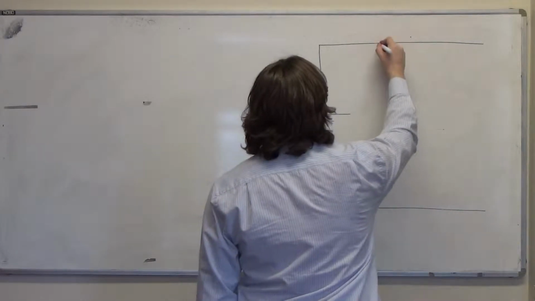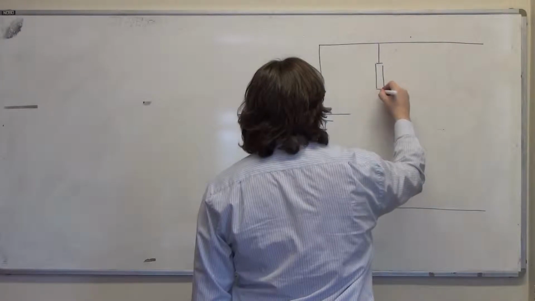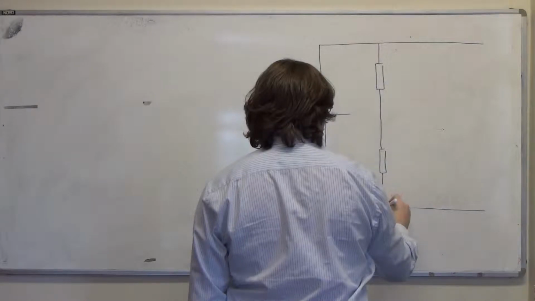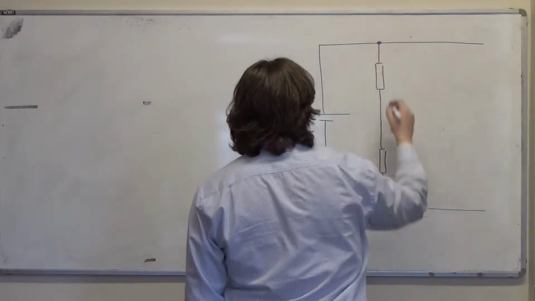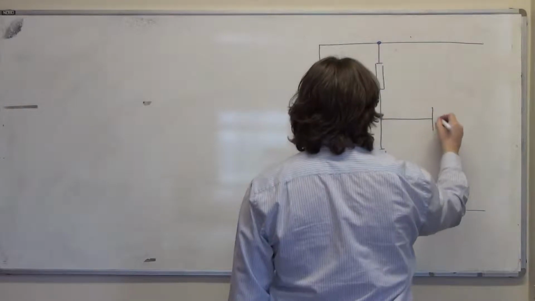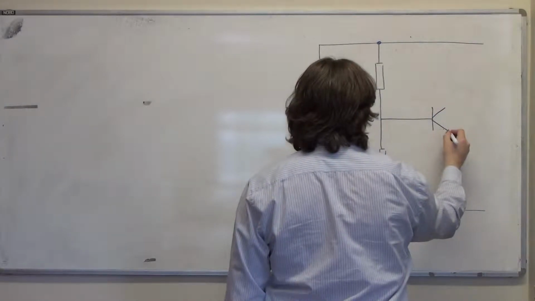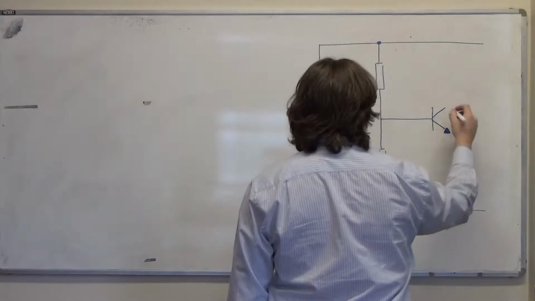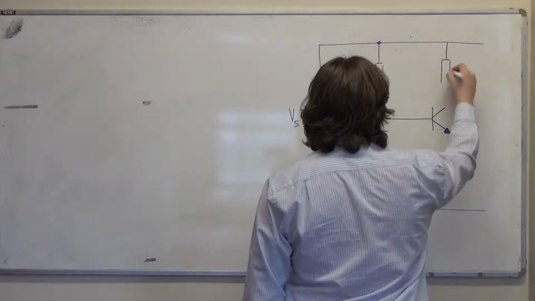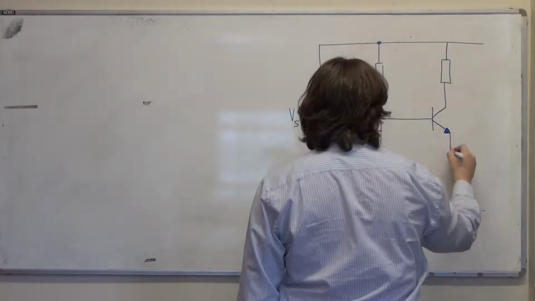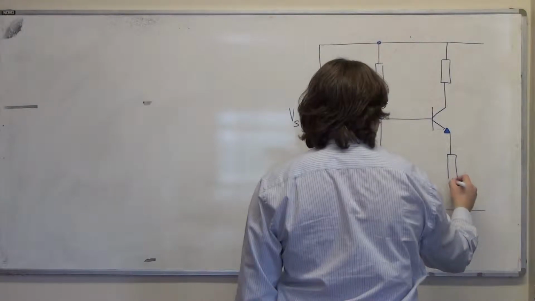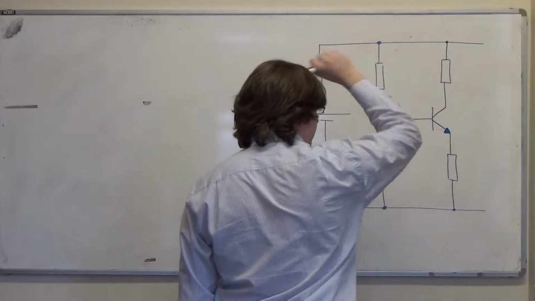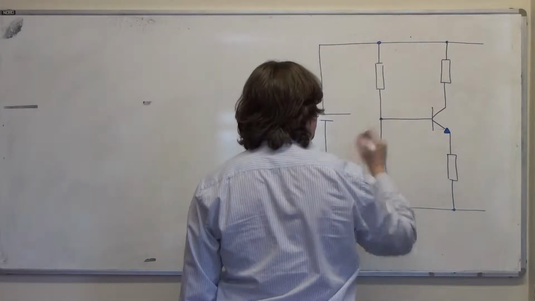We've got a resistor that's part of the biasing network, and another resistor that's part of the biasing network, and then we've got the base of a transistor and the emitter, and we've got a load resistor in the collector and an emitter resistor as well, which provides negative feedback for DC and stabilises the operating point of the amplifier.